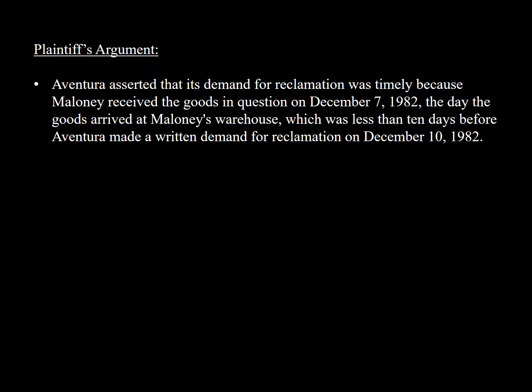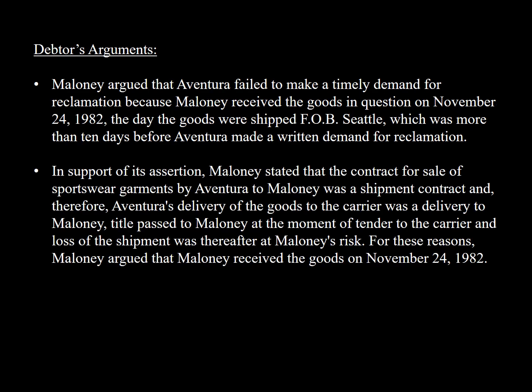Well, the debtor said when you delivered the goods FOB to the shipper, that's when the debtor received the goods. That's the debtor's argument. The plaintiff, the sportswear manufacturer, said, no, that's not when the debtor received the goods.